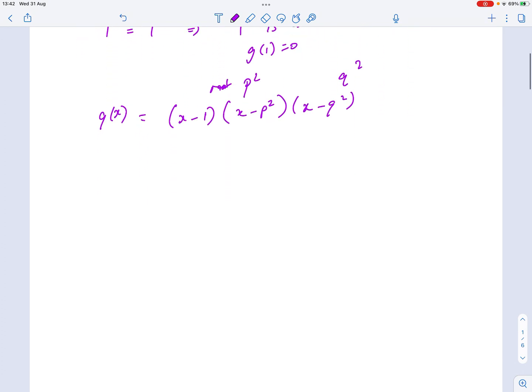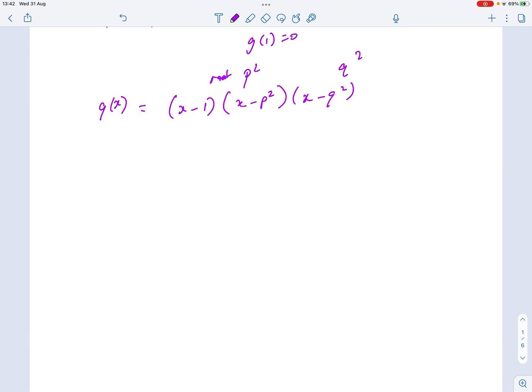Now I'm just going to write everything in order. So what did we have? f of x equals x cubed plus ax squared plus bx plus c, and I wrote that as x minus 1, x minus p, x minus q.